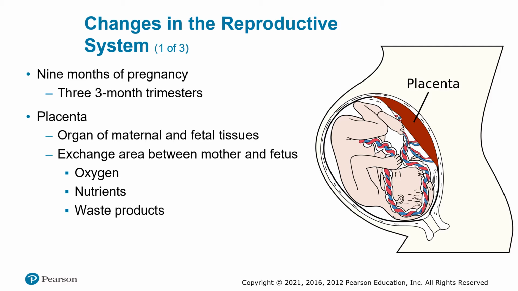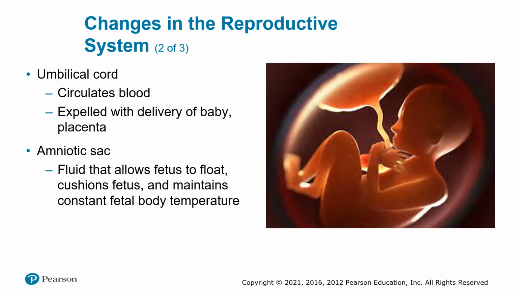It exchanges oxygen, nutrients, and waste products. The umbilical cord circulates blood, which is expelled with the placenta after delivery of the baby. The amniotic sac is a fluid-filled sac that the fetus floats in to cushion and maintain constant fetal body temperature.